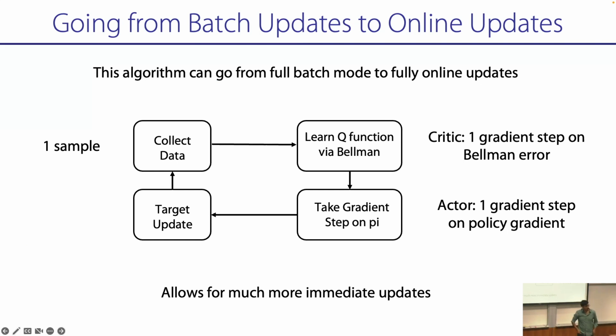When we do gradient steps, do we use the entire data set or single samples? It's a good question. I'll talk about it next, but what you typically do is sample a batch from your set of data thus far. The most naive version would just use the latest sample, but it's high variance then.